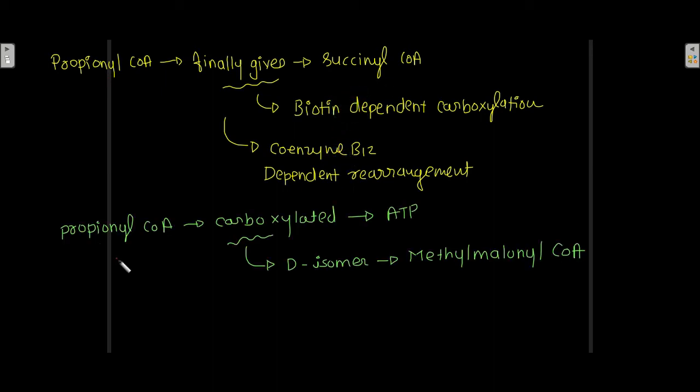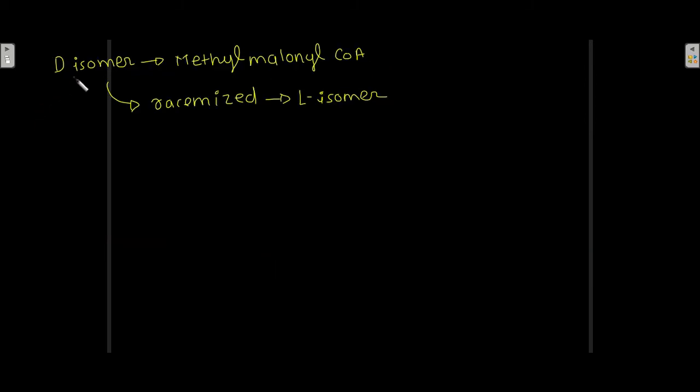Now first, this propionyl coenzyme A is carboxylated by utilizing one ATP molecule, and the carboxylation of propionyl coenzyme A yields the D isomer of methylmalonyl coenzyme A. After that, that D isomer of methylmalonyl coenzyme A is racemized into the L isomer.